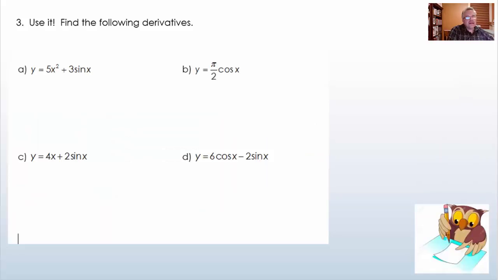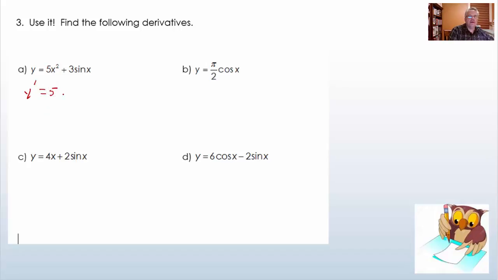Now this is the same thing we have been doing, finding derivatives of sums of terms, but now sometimes they have a cosine or a sine in them. This will be okay. So if I want to find the derivative here, y prime, well, this is old news. This is 5 times the power of x squared.